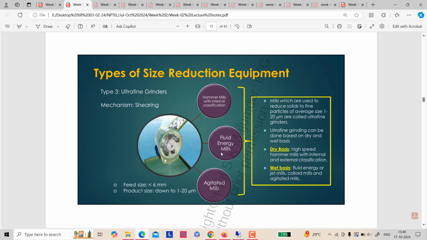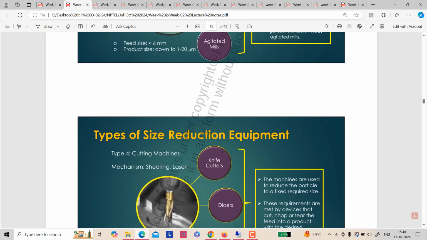Then comes the ultra fine grinder, which is another type of size reduction equipment, where the shearing method is used. Here the feed size is less than 6 millimeter, and product size is very small, in the range of 1 to 20 micrometer.